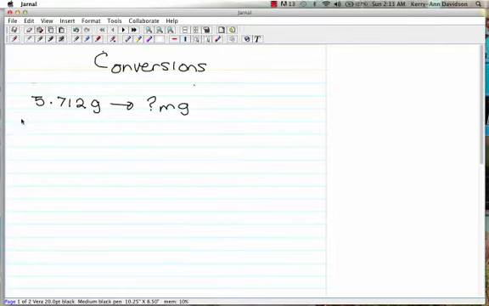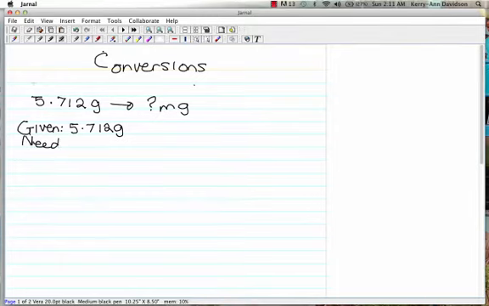Okay? Alright, so the first thing that I always do whenever I'm given a question, because they're not always written like that, I always write the given out of it so I can see it clear as day. So the given in this case was 5.712 grams, okay? Then after that, I always write the need, what they asked me to solve for.